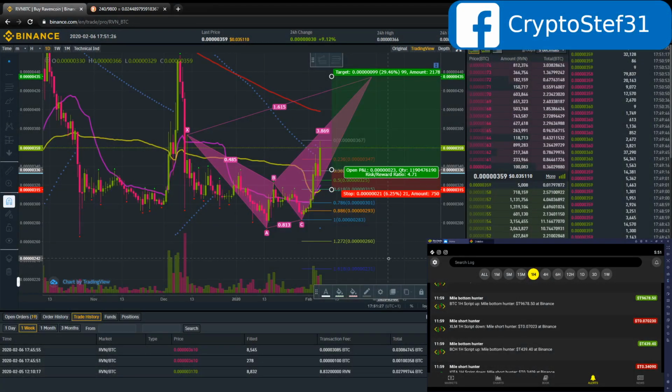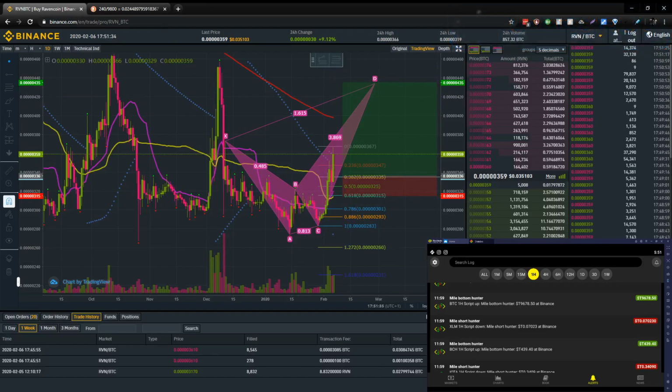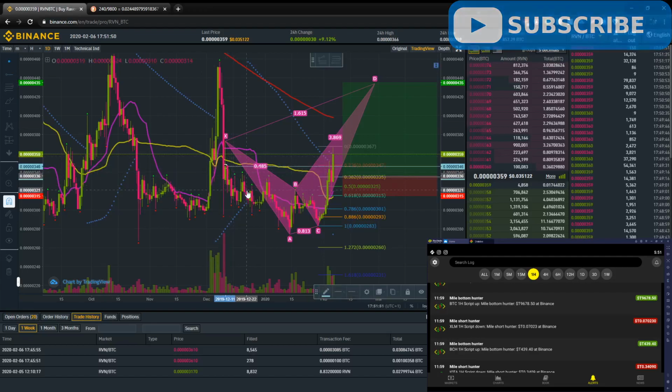And confirm, and that's my trade for Raven coin. And as you can see, I'm in profit. I was in profit from 27 to 0.31. So I bought here and sold there. And I'm thinking that it will probably make some kind of move, so I'd buy also.